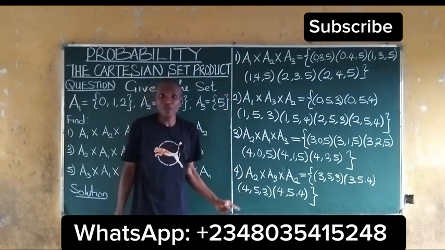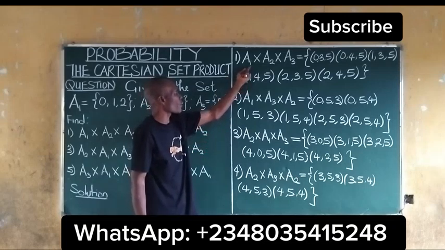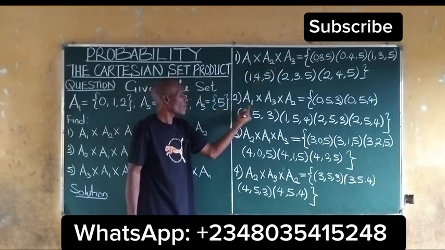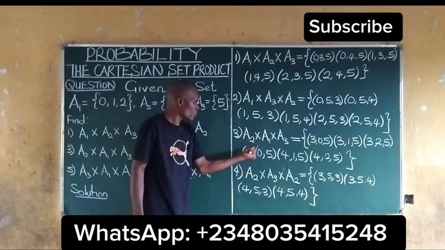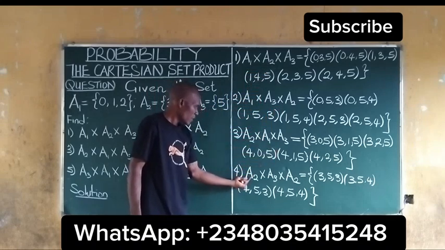This is how we can compute the Cartesian product for A1, A2, A3; A1, A3, A2; A2, A1, A3; and A2, A3, A2.